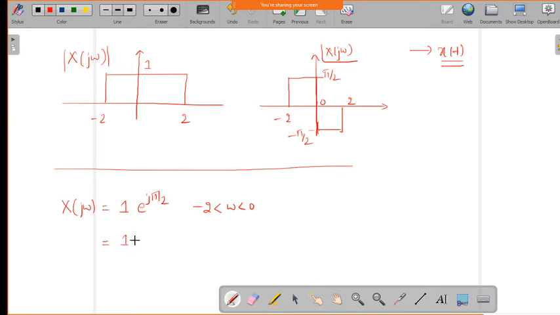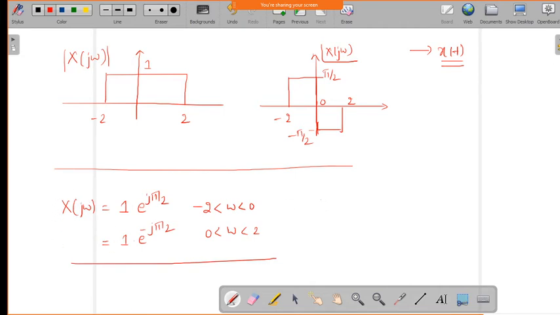Similarly, it is 1 into e power minus j pi by 2 between 0 and plus 2, right? So now from the magnitude and phase spectrum, we can write x of j omega like this.